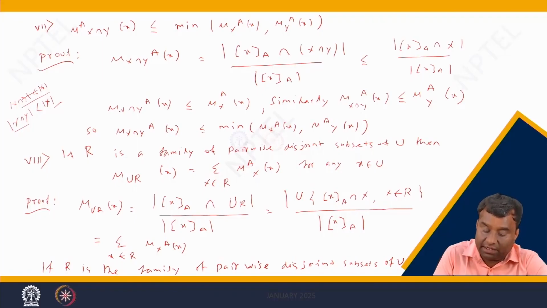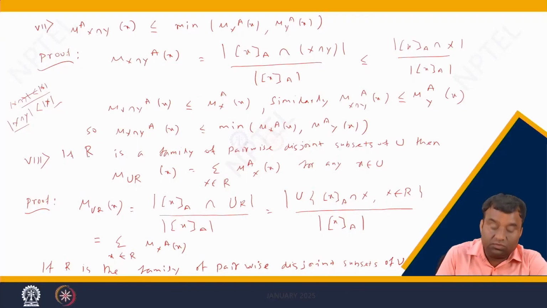So you can write that mu_{X intersection Y}^A(x) is less than or equal to mu_X^A(x). Similarly, mu_{X intersection Y}^A(x) is less than or equal to mu_Y^A(x).